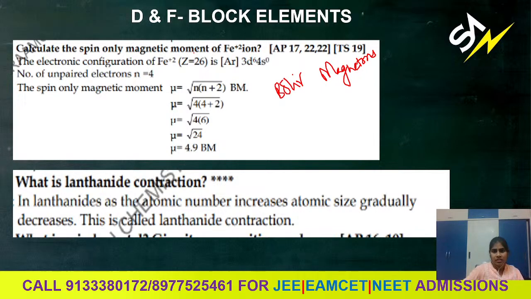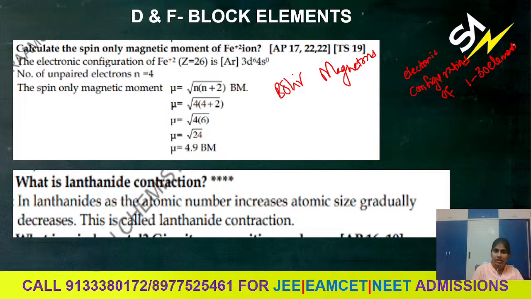So first of all, remember the electronic configurations of 1 to 30 elements.